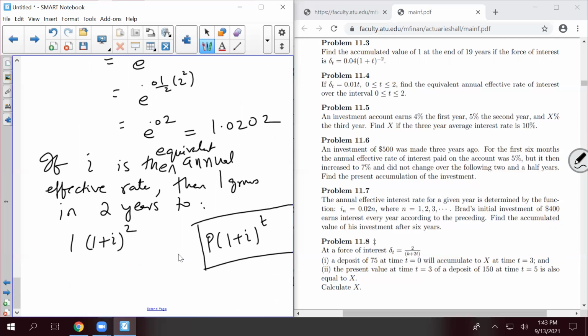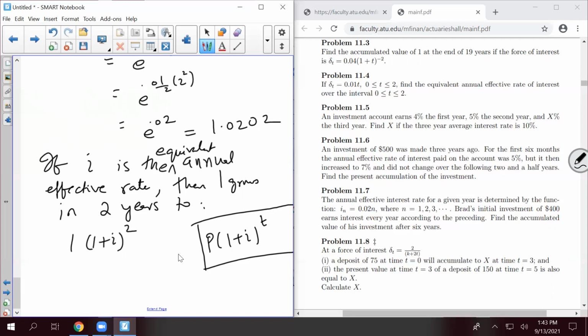And to find the equivalent rate, they should grow to the same amount. So when they say find the equivalent annual effective rate, what this is saying is find the annual effective interest rate so that it grows to the same amount as it would under the force of interest. That's when you can say this annual rate is equivalent to that force of interest, because my principal of 1 grew to the same amount under both types.